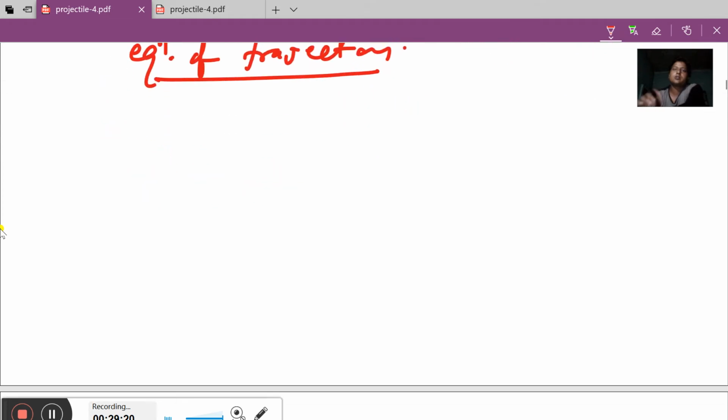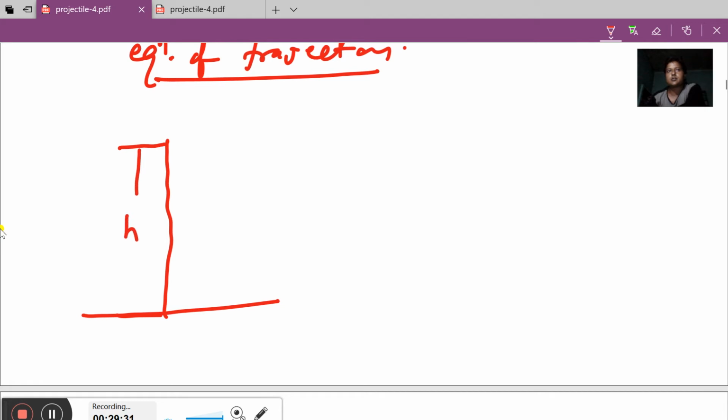In this case it is given, body projected from some height h horizontally. Suppose horizontal speed is u.